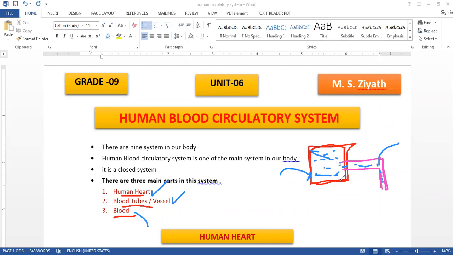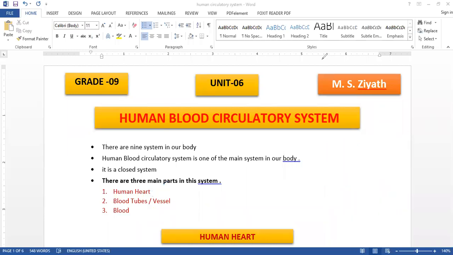From that tank, the tubes are moving, coming and going, and water is passing. Something like that, the blood circulatory system contains three main parts: one is the human heart, second is blood vessels or blood tubes, and the third is blood.